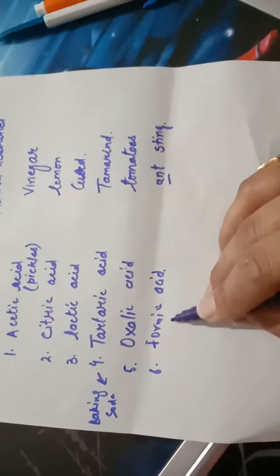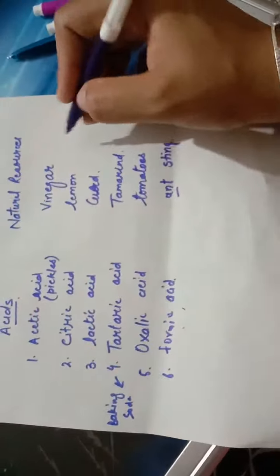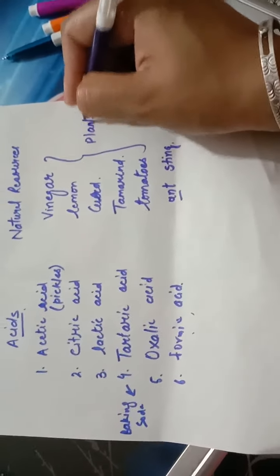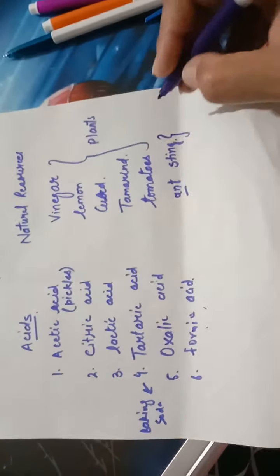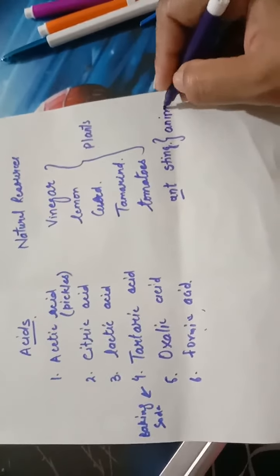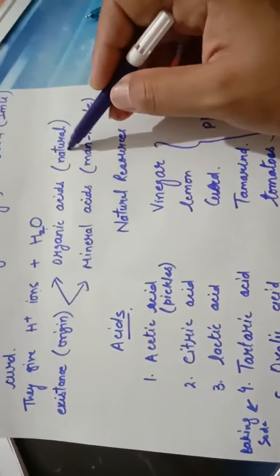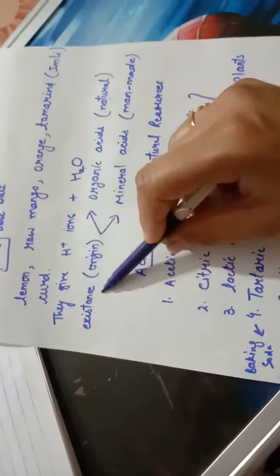The ant sting contains formic acid. These acids are from plants, and this one is from animals. Since they originate from plants or animals, they are natural acids. Their existence is from nature, so they are called organic acids.